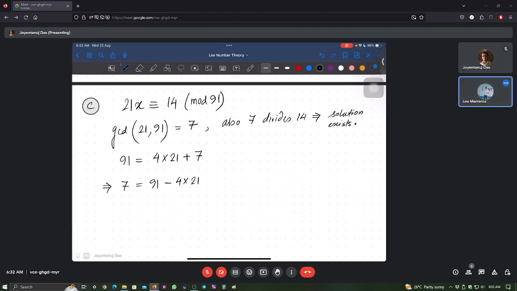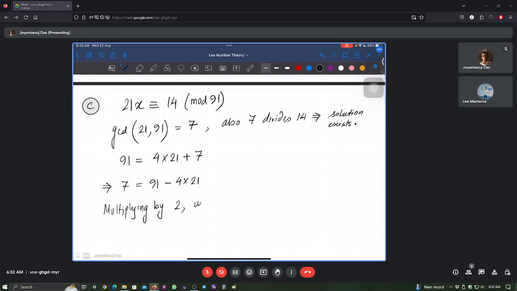So 14 equals 91 times 2 minus 21 times 8. This is congruent to 14. Let me write it down. So this is equal to 14.